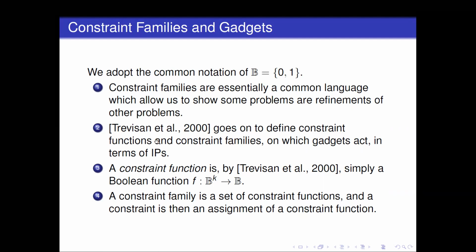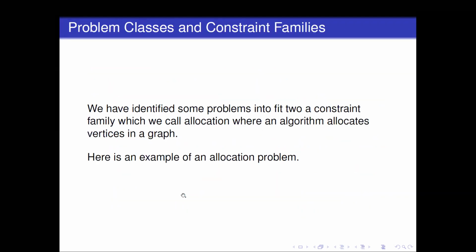Trevisan in his 2000 paper goes on to design constraint functions and constraint families on which gadgets can act in terms of integer programs. And a constraint function is simply a Boolean function. A constraint family is a set of constraint functions, and a constraint then is just an assignment to that constraint function. So we'll look at that in a bit of detail.